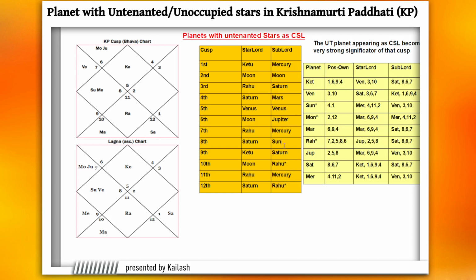cuspal sublord. Now, suppose this was a horary chart, and the question was related to some profession, maybe in the entertainment industry, or some kind of partnership, or investment. Then normally you would check whether the 10th sublord is a significator of the 10th house or not.